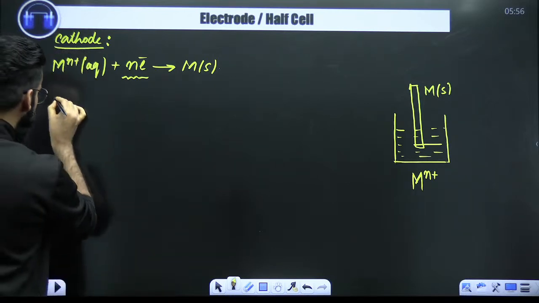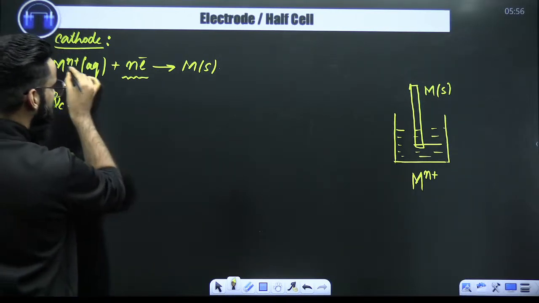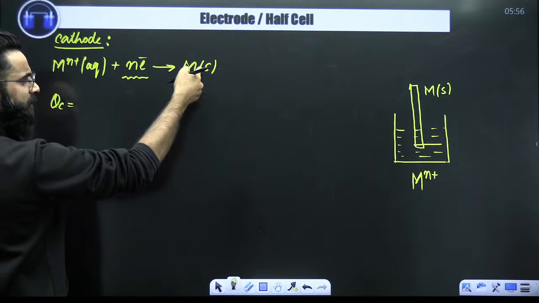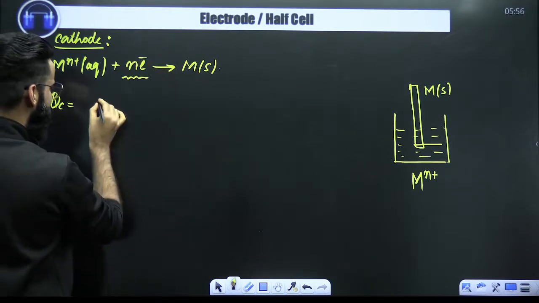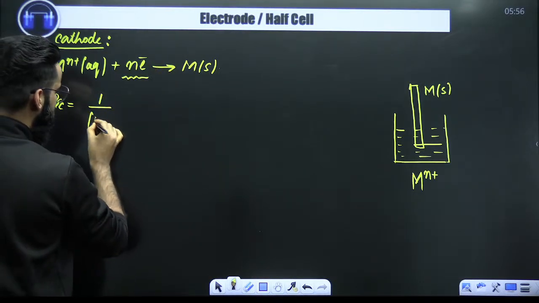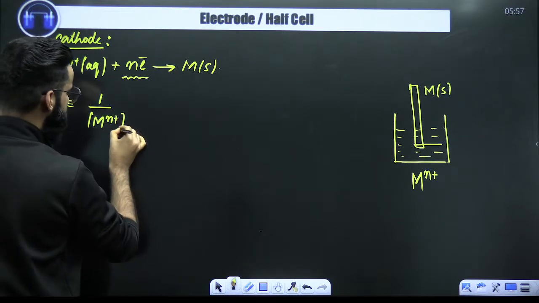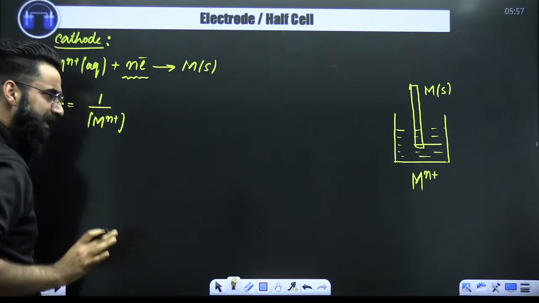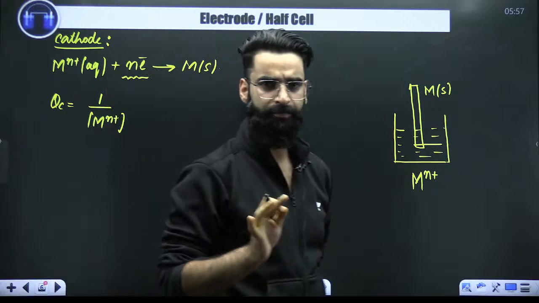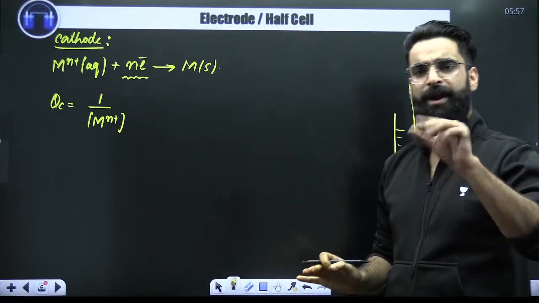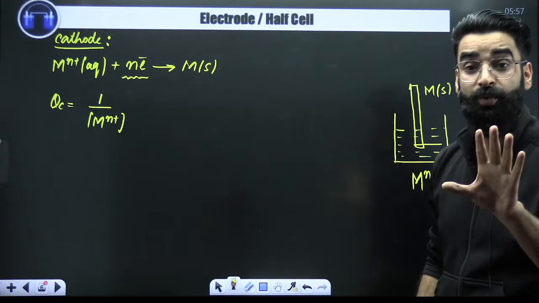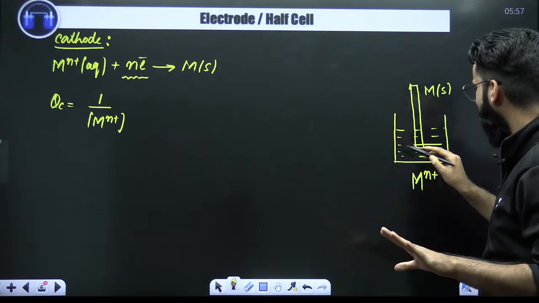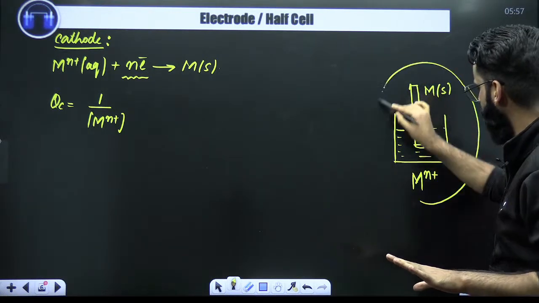Now, if I ask you to write the reaction quotient for this particular reaction, you'll start with the product, which is in solid form, its active mass is unity, divided by concentration of Mn positive raised to its stoichiometric coefficient. That's 1. Now I want you to calculate the reduction potential of this particular electrode.